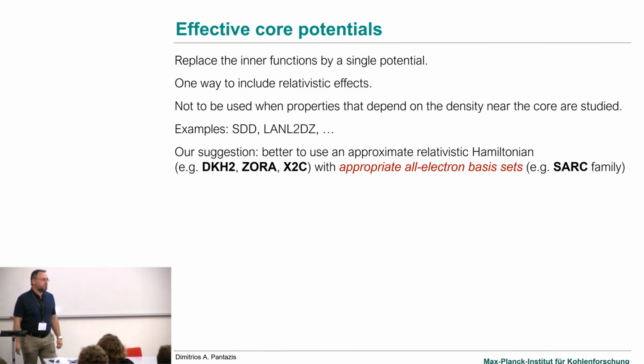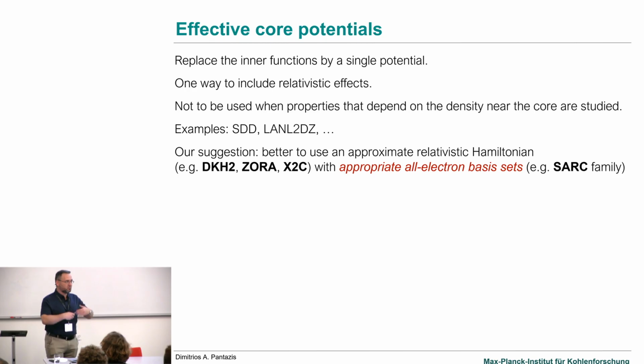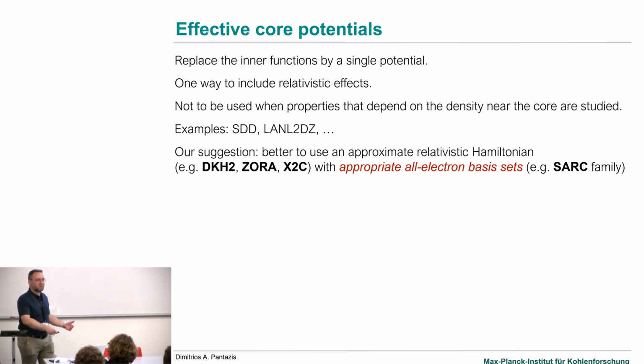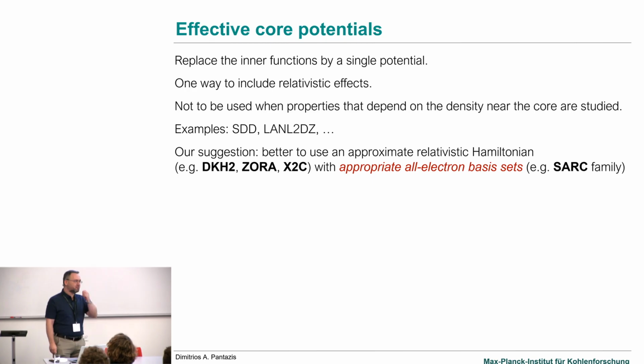You might also come across, also in some of the exercises in the school, effective core potentials, and their job is to replace the inner functions by a single potential, so that it would not treat the electrons explicitly. So we take molecular orbitals out of the picture that are close to the nucleus. That's also one way, an indirect way, to include relativistic effects.